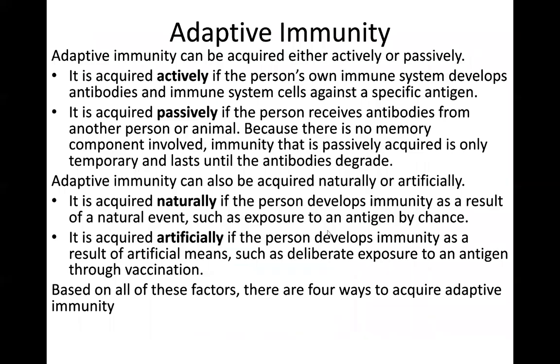Obviously from someone else, so that makes that passive. Does that make sense? Okay. Whereas if you are exposed to the virus or whatever it is that you're going to produce the antibodies for, and you produce your own, that would be actively acquired immunity.